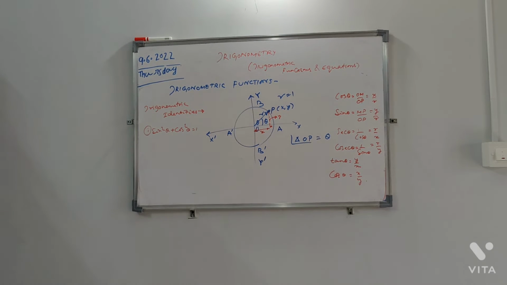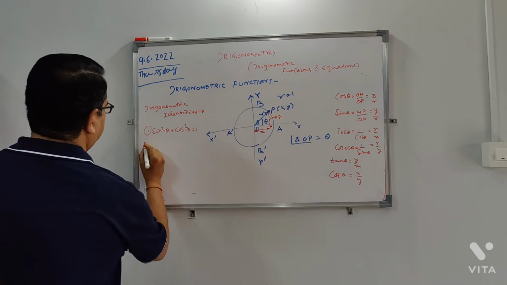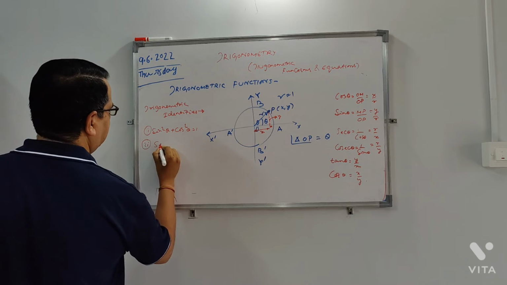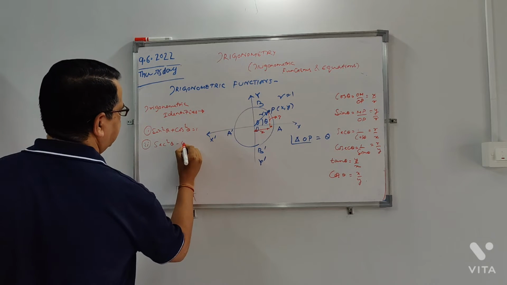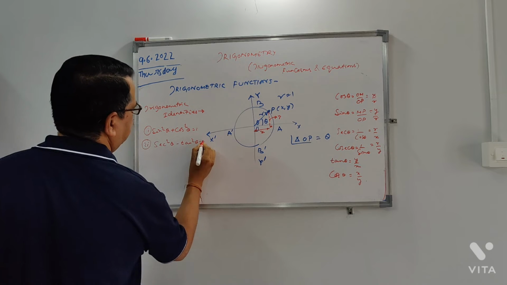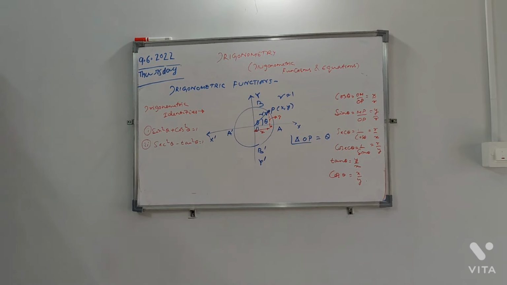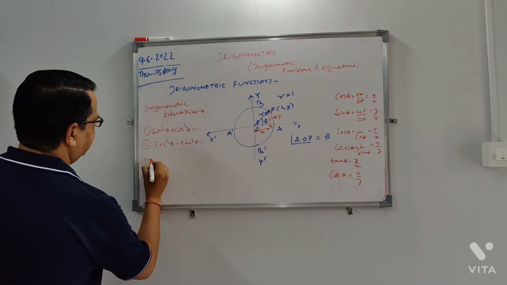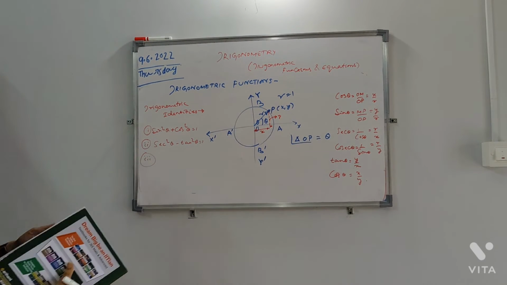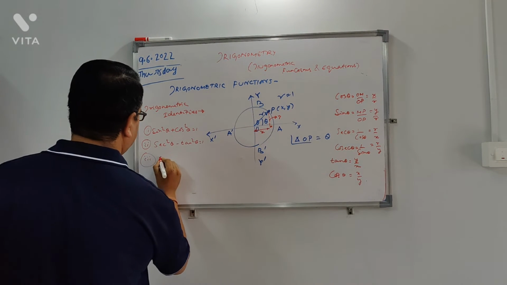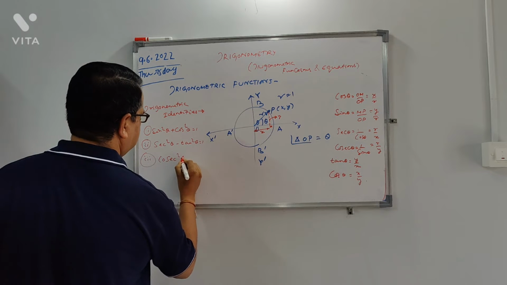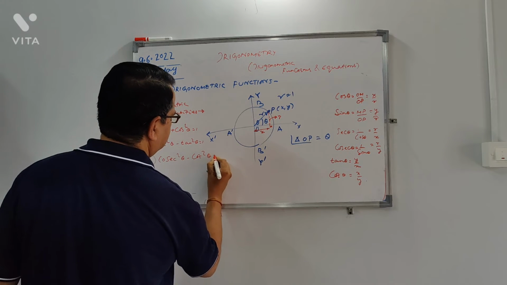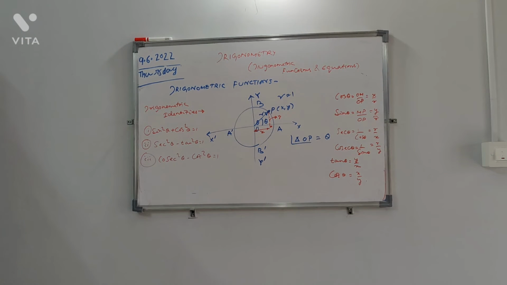Then another one is sec square theta minus tan square theta is equal to 1. If you want, I can derive it. No need. The third one is cosec square theta minus cot square theta is equal to 1. So these are my three trigonometric identities for proving many things. You need to remember all these identities.